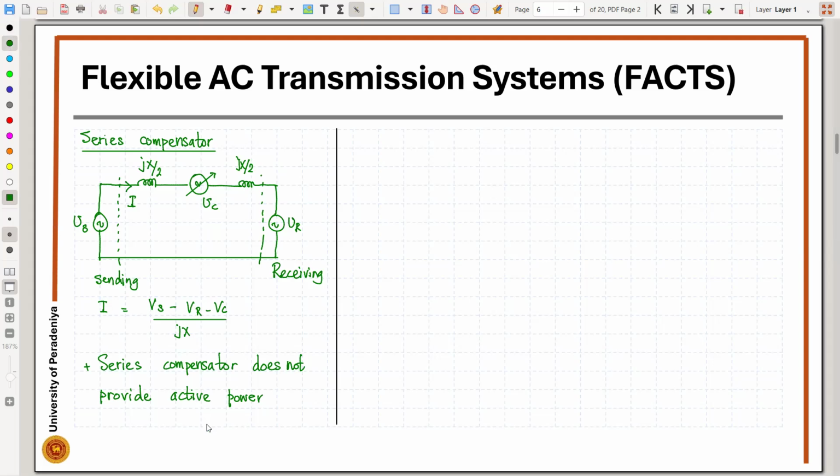So if it is not providing active or reactive power, we can represent this compensator with a variable reactance term.